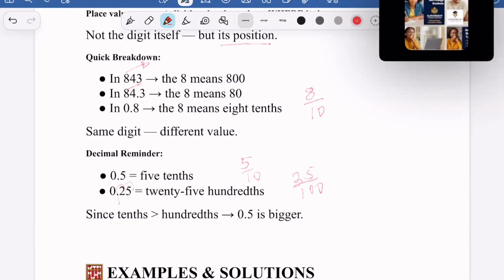So if I put my 1 here, I move 2 places, so I add 2 zeros. It's 25 over 100. Since tenths is bigger than hundredths, your 0.5 is bigger. 5 out of 10 is about 50%, half of the total, but 25 over 100 is less than that.